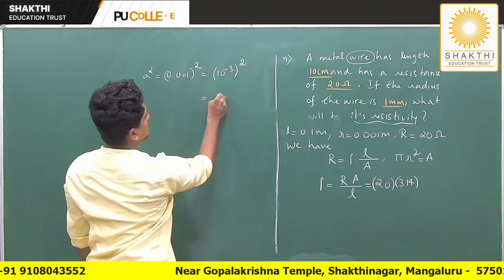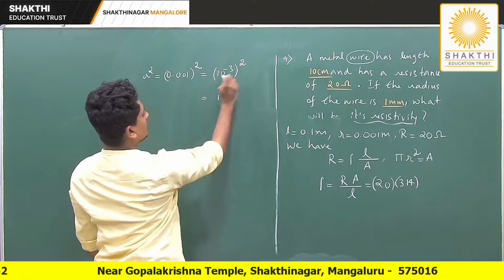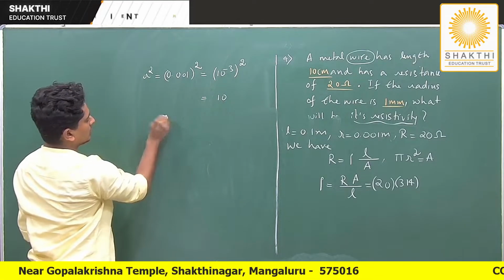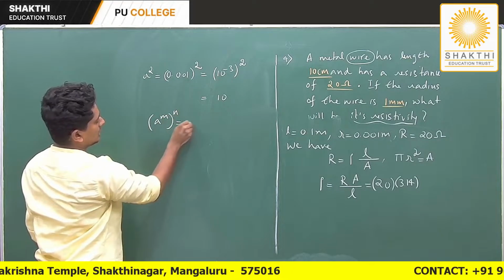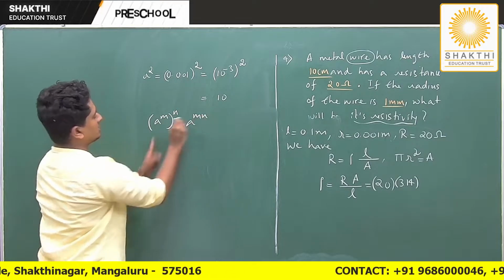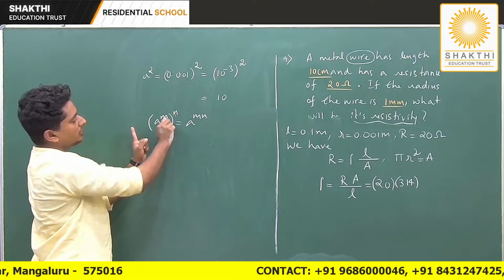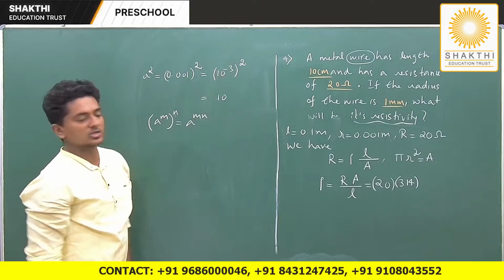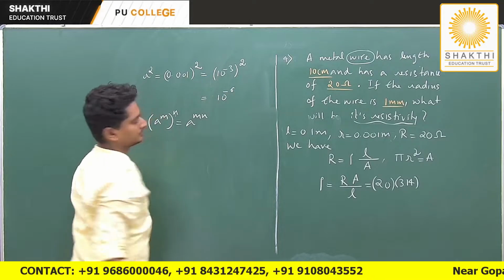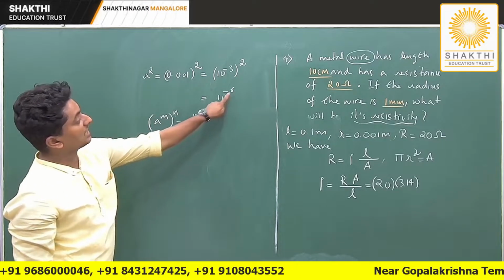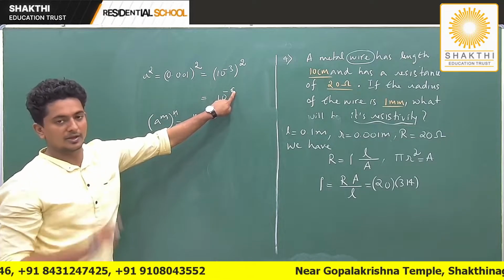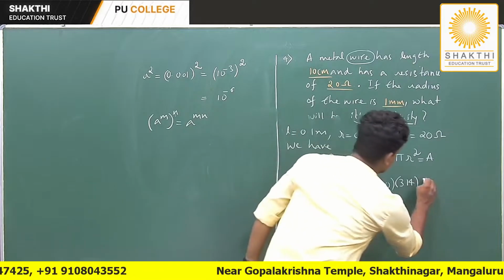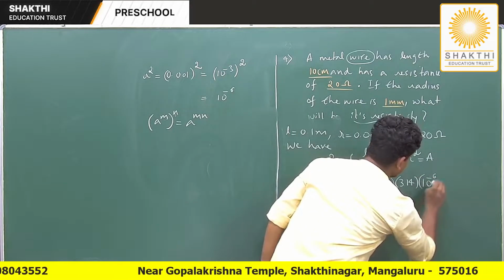Whenever you have a power m whole power n, it will become a power m into n. Means you have to multiply these two when you have power of another power. So here what I have to do is I have to multiply these two. It becomes 10 power minus 6. So our R square answer is 10 power minus 6. Be careful. Okay. So I will be writing 10 power minus 6.